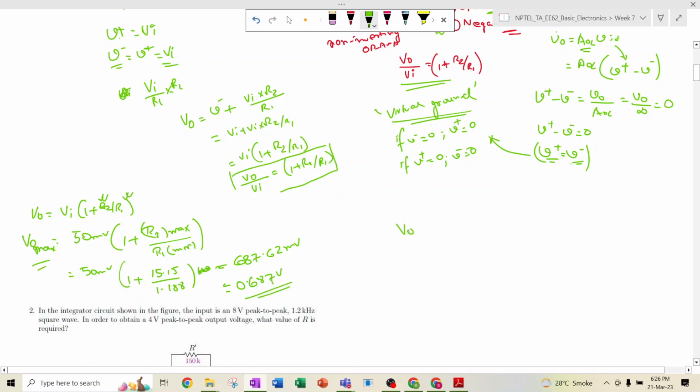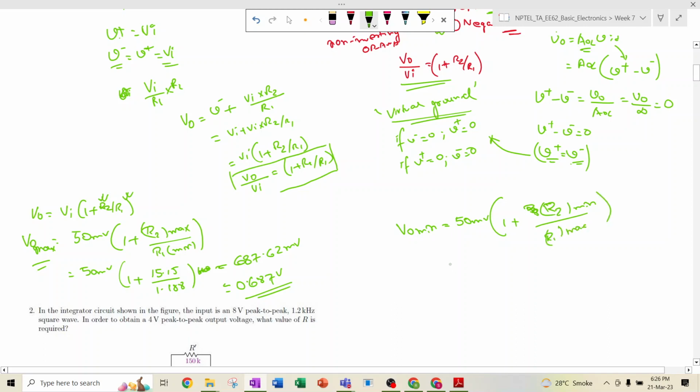And what will be the case for the Vo minimum value? Vo will get its minimum value whenever R2, which is in the numerator, has a minimum value, and R1 has a maximum value.